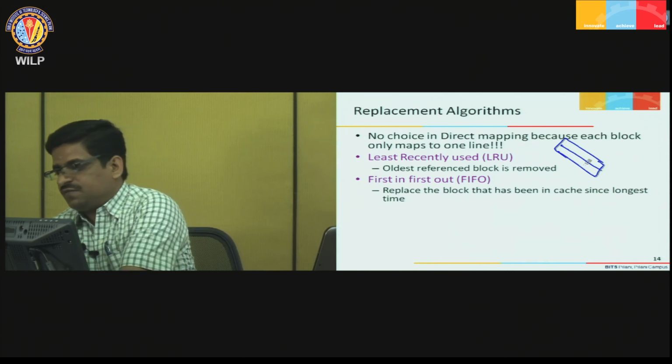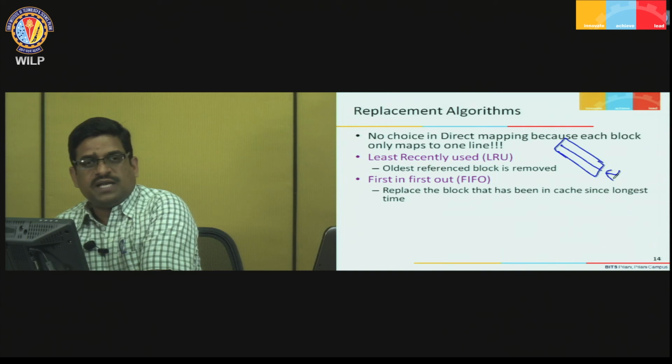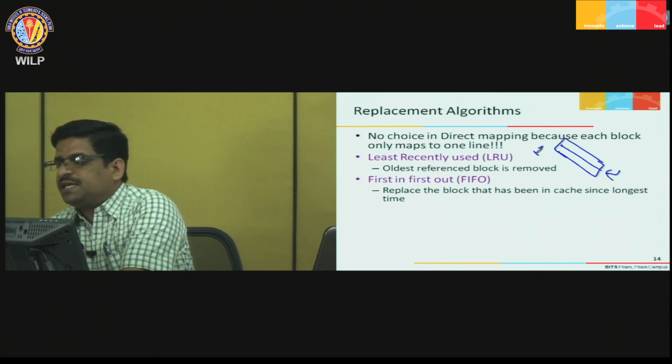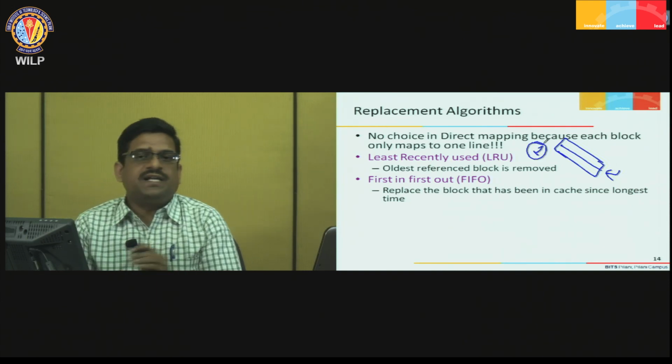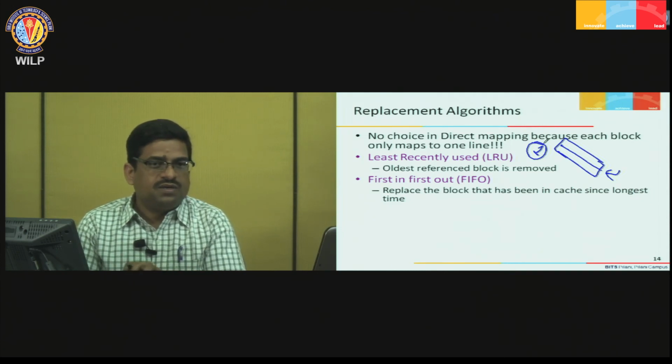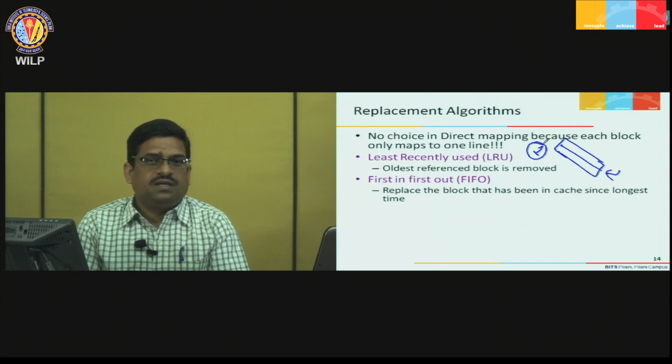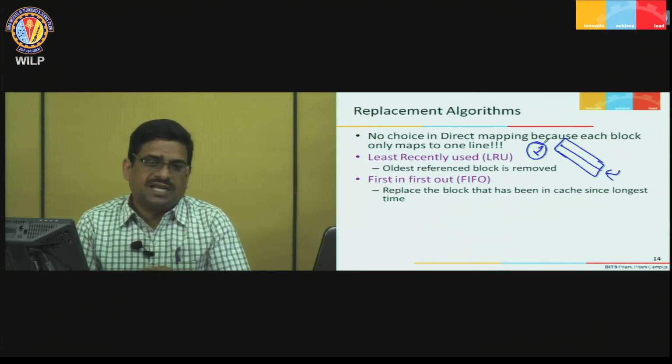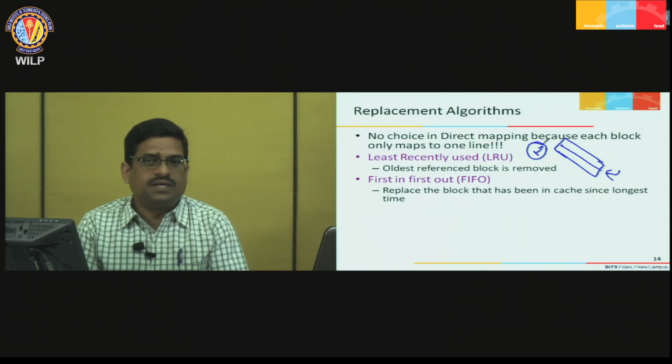Whenever a block is referenced, or you put a block into any of the lines, you set the corresponding line's bit to 1. That indicates this is the most recently used line, so the other line will definitely be the least recently used compared to that. So implementing LRU in a 2-way set associative cache is straightforward.